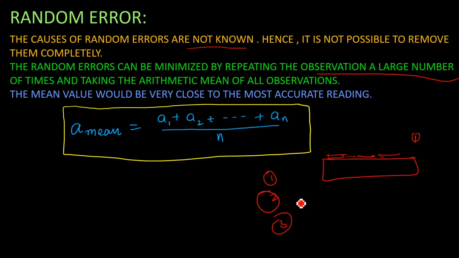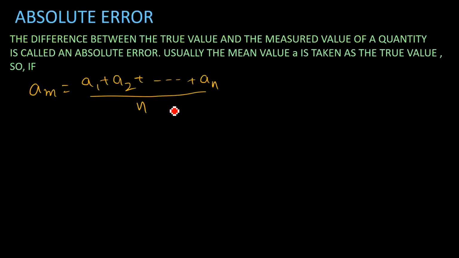You have to measure a number of times, say 3 or 5, and take the mean value, the average value, then you will get an accurate value. The mean value would be very close to the most accurate reading. So a mean equals the first observation plus the second observation, and so on up to the nth observation, divided by how many times we observe. That is random error.